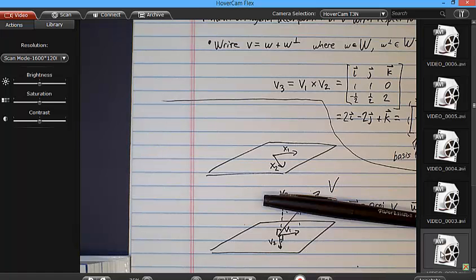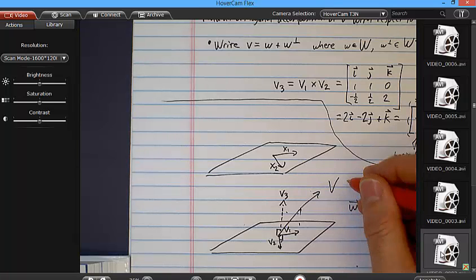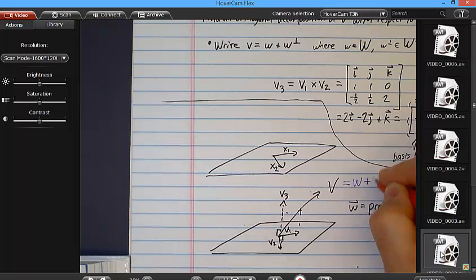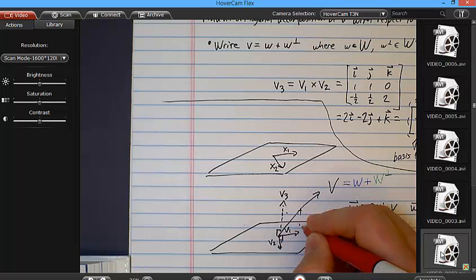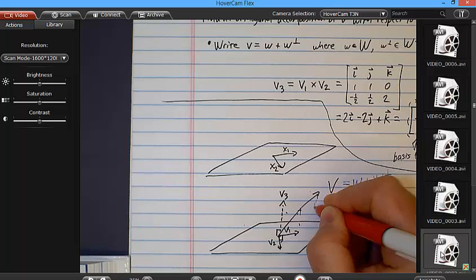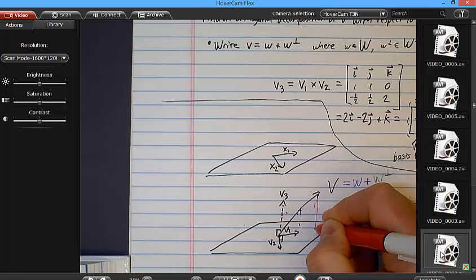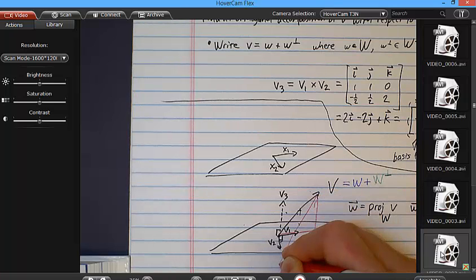All right, so we know that V is W plus W perp. Because it really is. What did we do? We projected V onto V1 and V2. Projecting onto V1, I maybe got this, and projecting onto V2, maybe I got this.